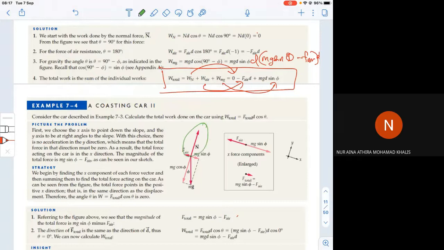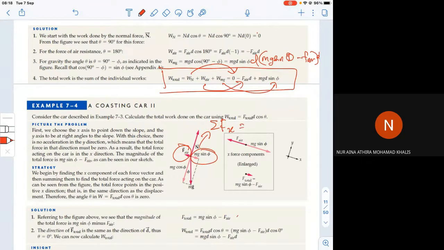This is y, and also mg cos phi is in the y-axis. Definitely both of those will give you zero work. So the ones that do work are air friction and mg sine phi.